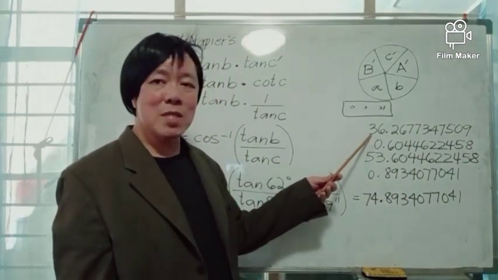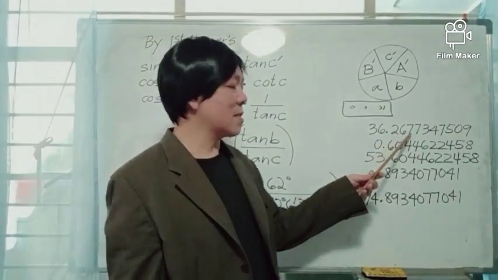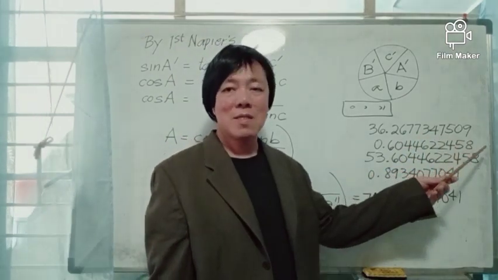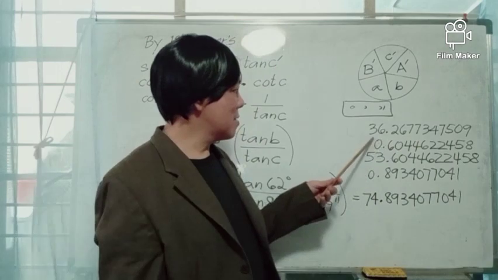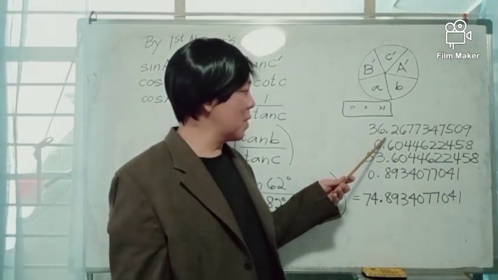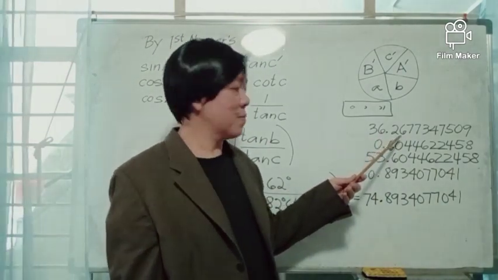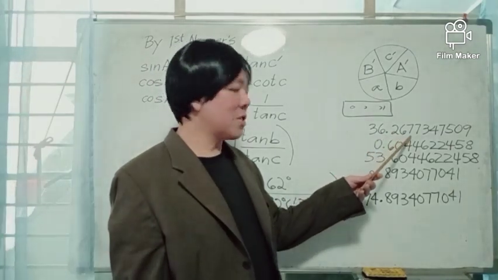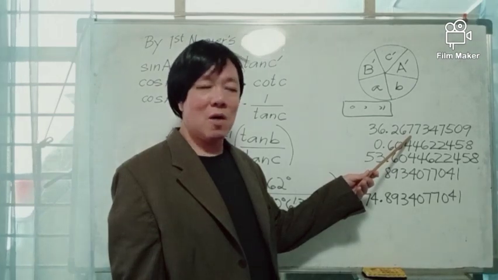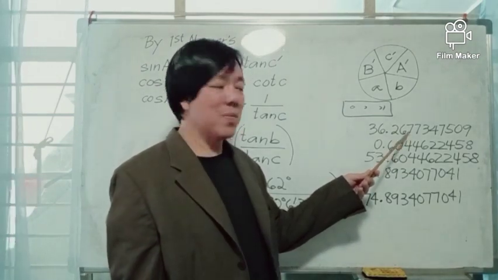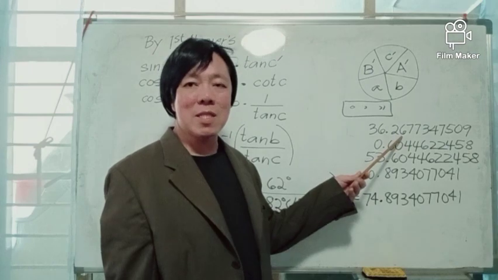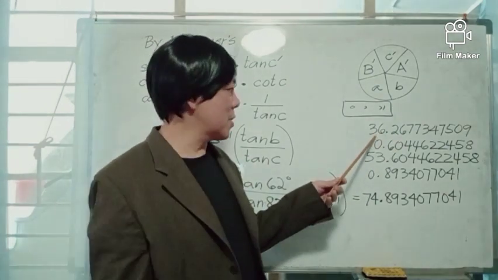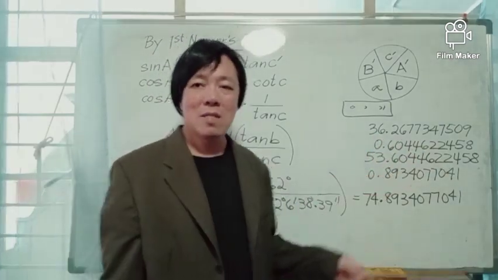And you should get 36.26773.47509 seconds. And we round this number to two decimal places now. After the decimal point, you count two decimal digits, and the third digit is to be rounded up. Since 7 is more than 5, we add 1 to the preceding digit, 6, and the final answer to two decimal places is 36.27 seconds.